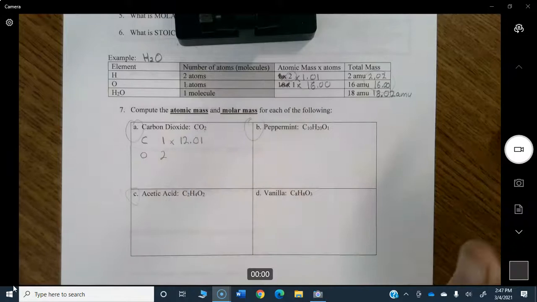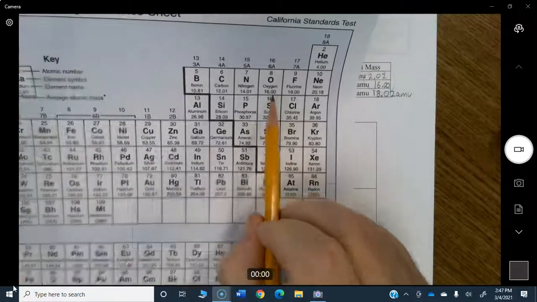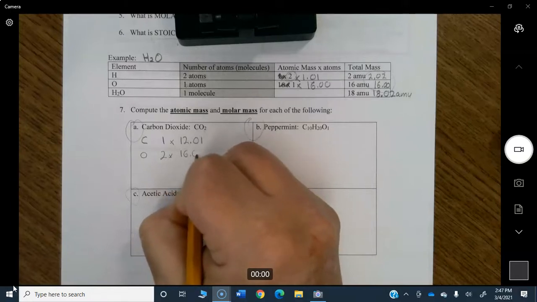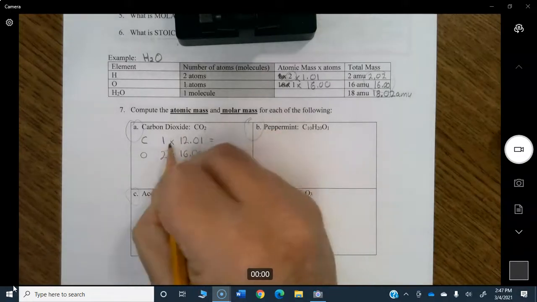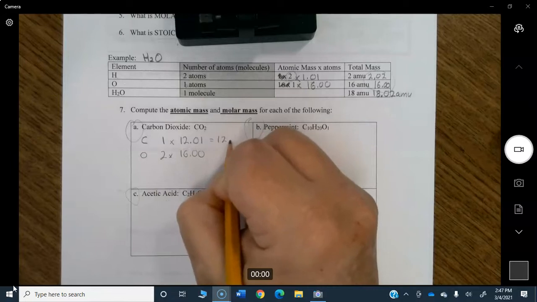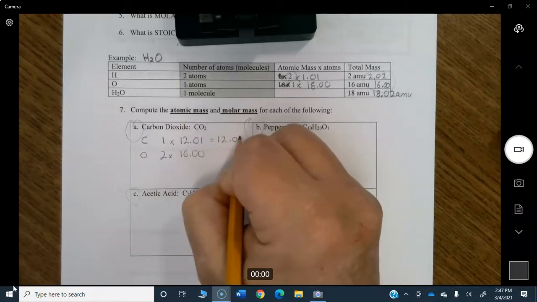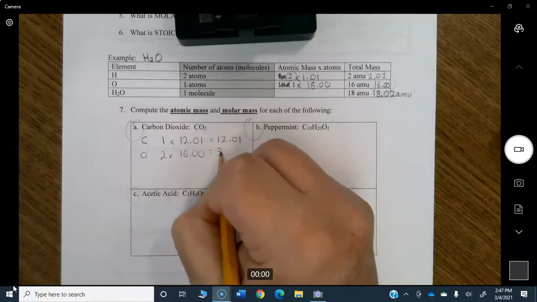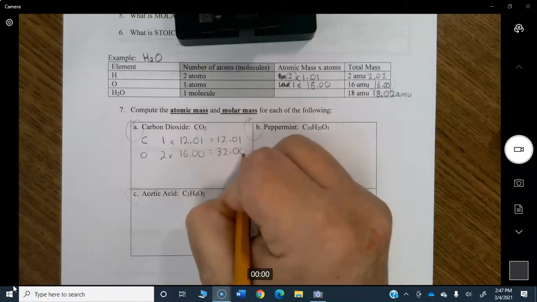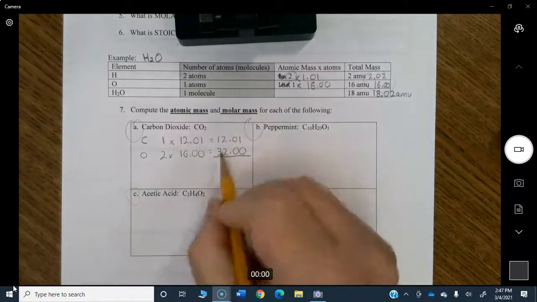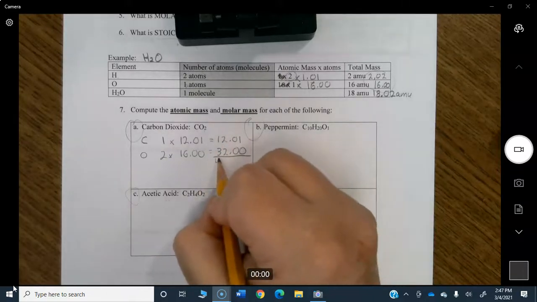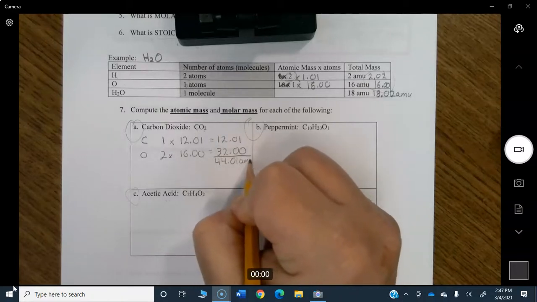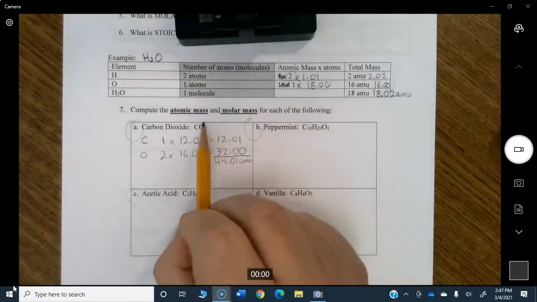And for oxygen, it's 16.00. And you multiply that out, you get 12.01. And 2 times 16 is 32.00. And when you add these, you end up with 44.01 atomic mass units. That's the mass of a single carbon dioxide molecule.